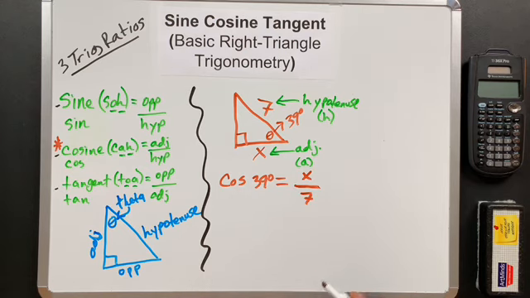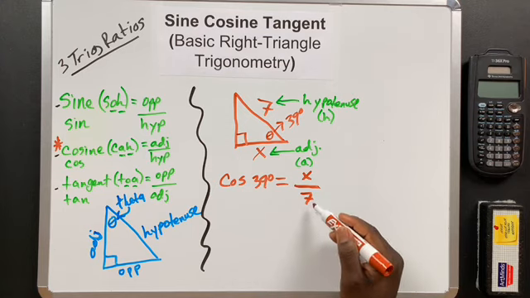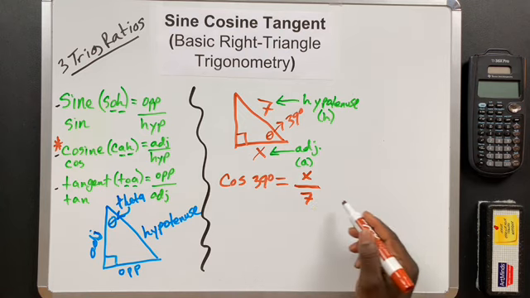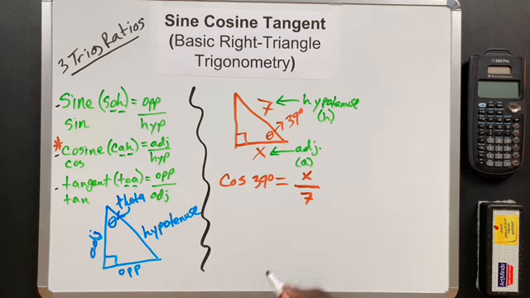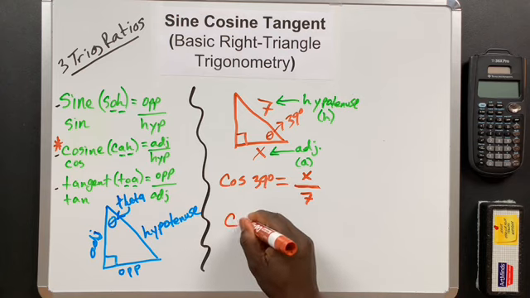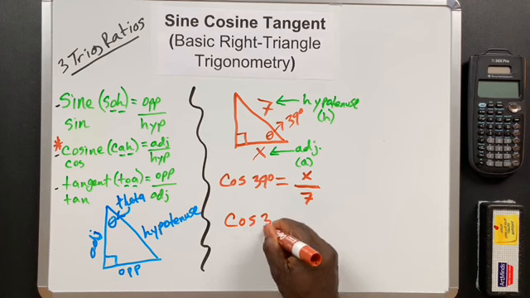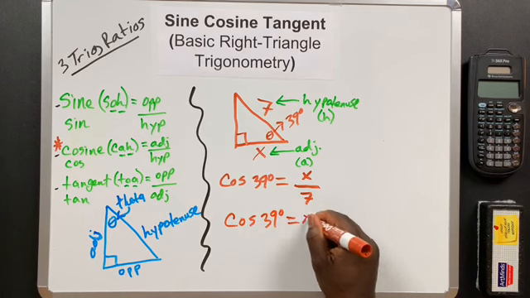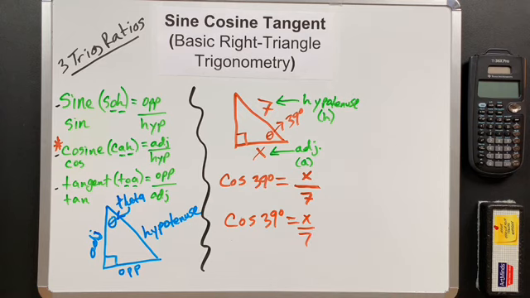Now, I'm going to use something referred to as fraction buster, because to get x by itself, I have to get rid of the 7. So I'm going to multiply both sides of this equation by 7. So first I'm going to write this equation again. Cosine 39 degrees equals x over 7.